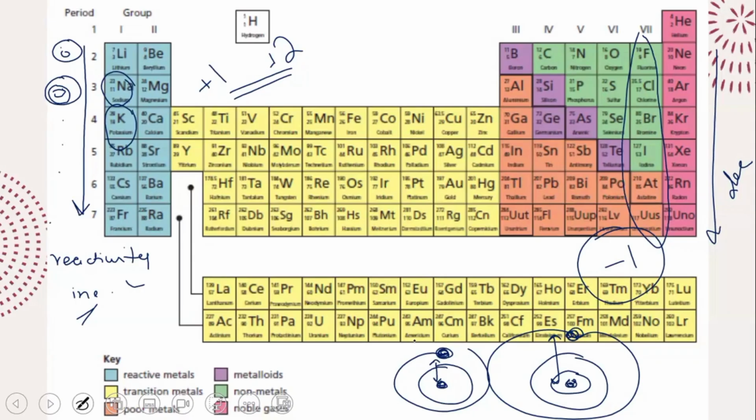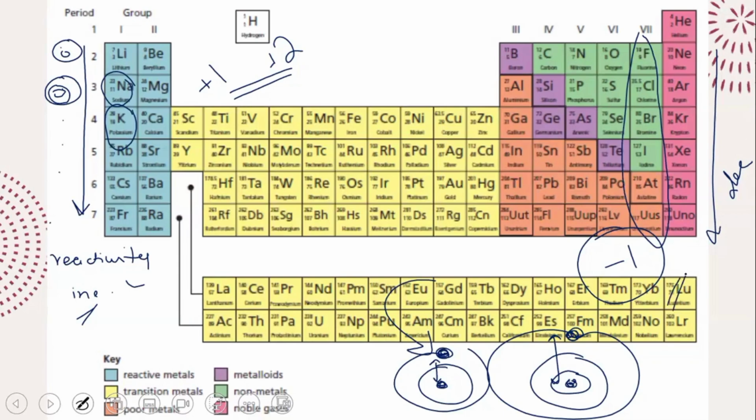So if fluorine wants to gain an electron and become negative, it's easier for fluorine because the nucleus can quickly pull those electrons towards itself. But for chlorine, the same electron is pretty far away, because you've got so many shells in the middle. So for chlorine, it's harder to pull the new electron towards itself and become negative.